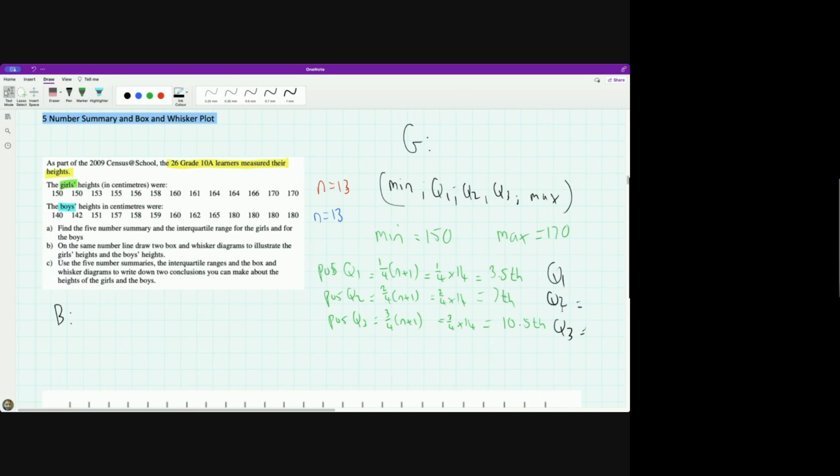What are you getting for Q1, Q2, and Q3 for girls? You can pop it in the chat when you are sure.